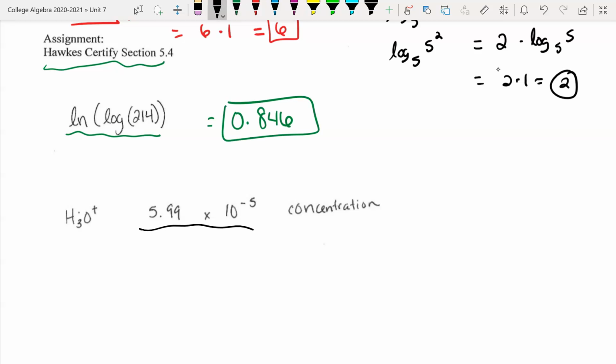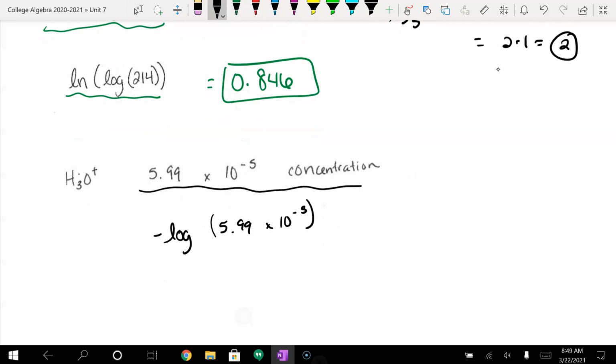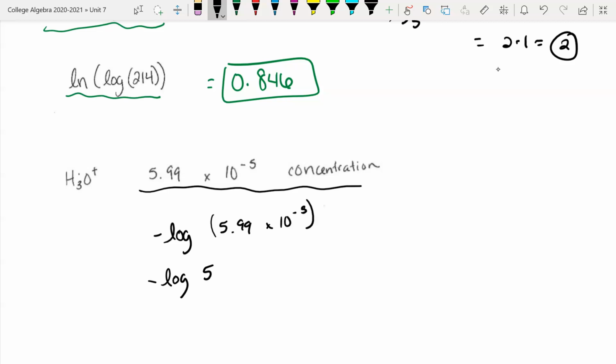And then lastly, we're talking about concentrations. We're going to convert it. So there's a problem that shows up on the Hawks that I didn't really talk about a whole lot. If they give you a concentration problem, you're going to rewrite it as negative log of 5.99 times 10 to the negative fifth. So what that does is that says negative log of 5.99 plus the negative log of 10 to the negative third.